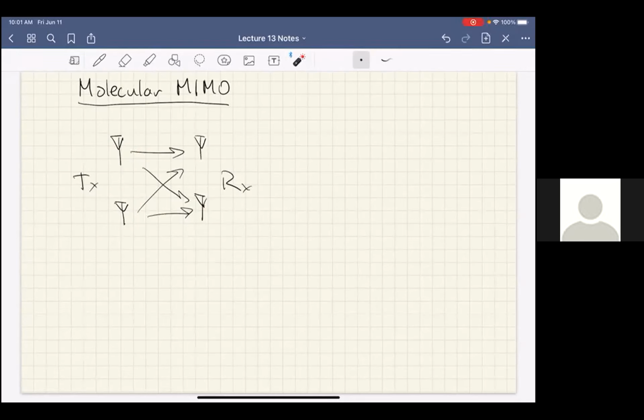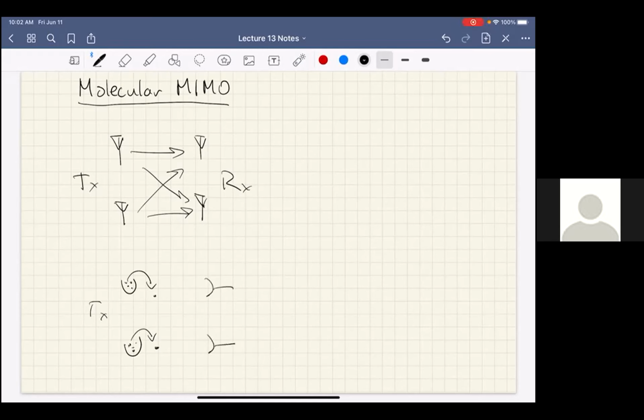We can do something similar in molecular MIMO, and how it would work here is you would have more than one molecular emitter at the transmitter. Again, these might be reservoirs, and we would emit molecules into a shared fluid medium.